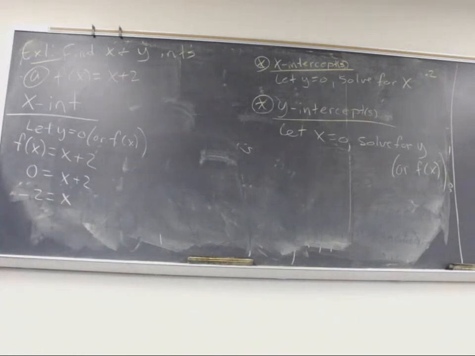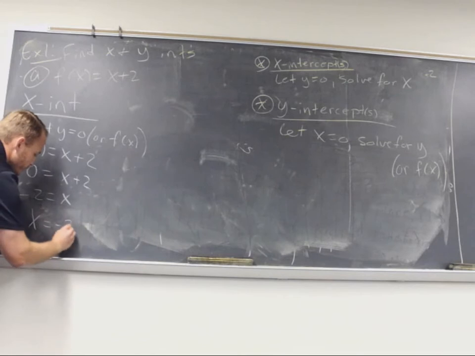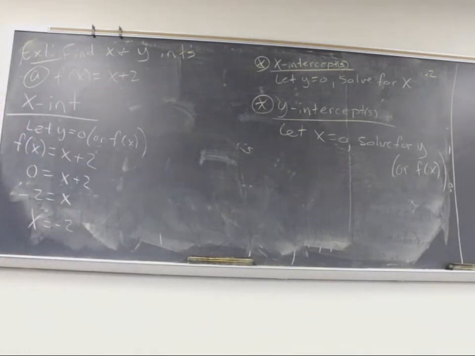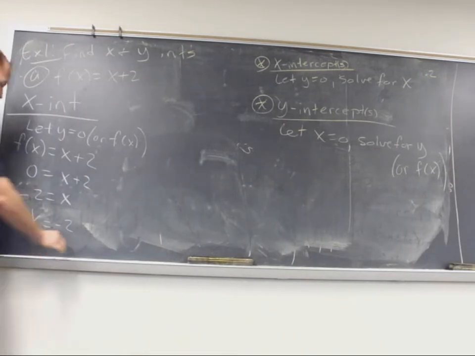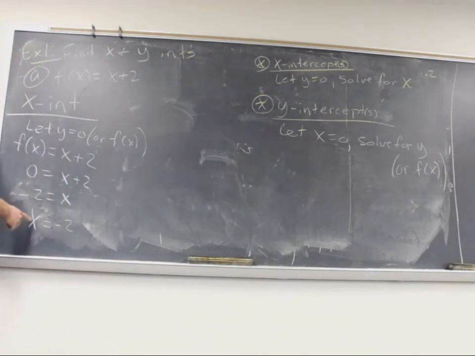By convention, and a little less confusing, you usually want the variable on the left side, so I'm just going to flip it. X is equal to negative 2. Either one would be acceptable to me, but on the exams and the homework, the computers might be a little weird. So this is not your answer.